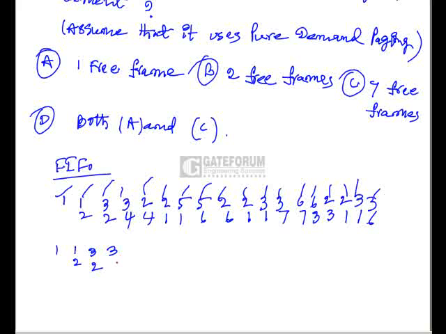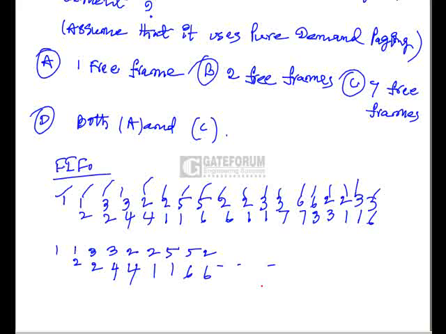We have to choose among 3 and 2, and 2 is least recently used. 3, 4, again 2, we have to replace 3, again 1, 4 we have to replace, again 5, 2 we have to replace, again 6, 1 we have to replace as least recently used, again 2, 5 we have to replace, something like this.